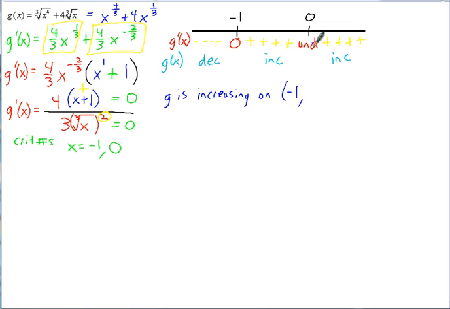Now, because it's undefined, whenever it's undefined, you have to stop your intervals. If it was 0, we wouldn't have to stop it. It's undefined, so negative 1 to 0, and then a union with from 0 all the way to infinity. And g is decreasing on from negative infinity all the way to negative 1.